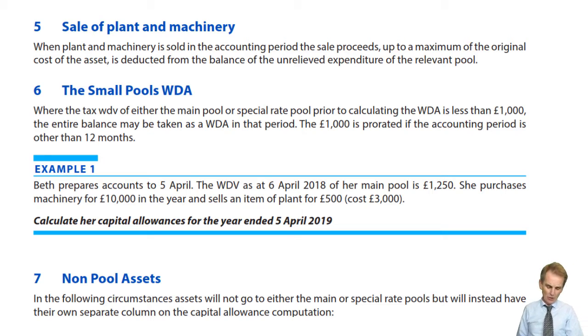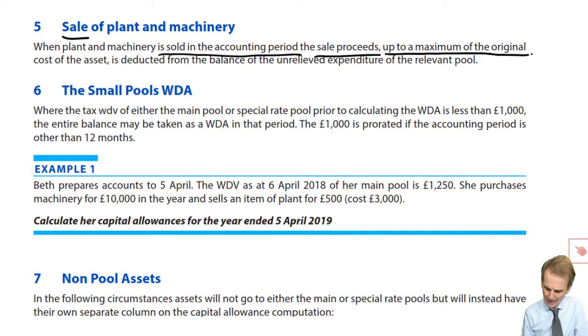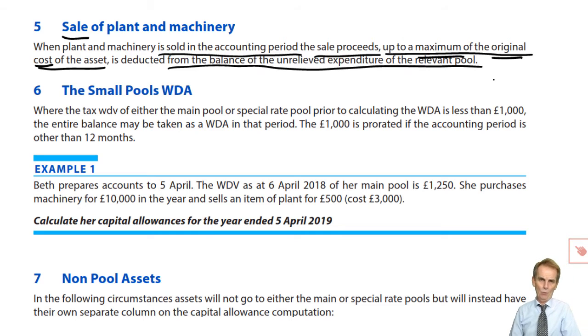So dealing with those disposals, the sale now of our plant and machinery. Simple rule: when plant and machinery is sold within the accounting period, we will take the sales proceeds up to a maximum of the original cost of the asset, and deduct it from the balance of the unrelieved expenditure on the relevant pool.